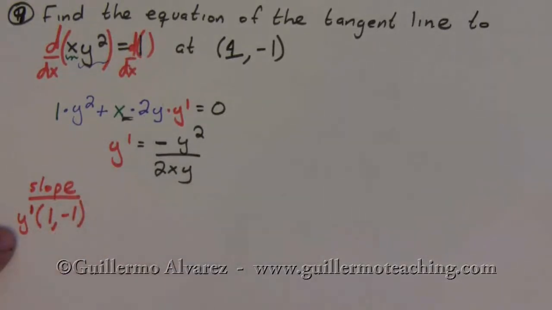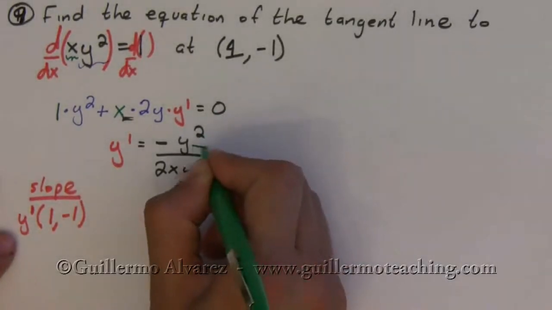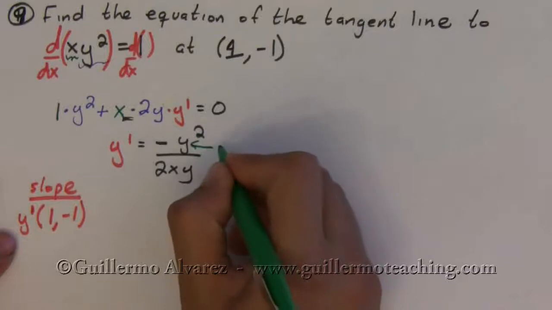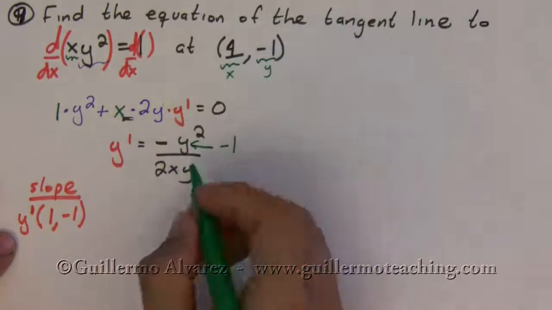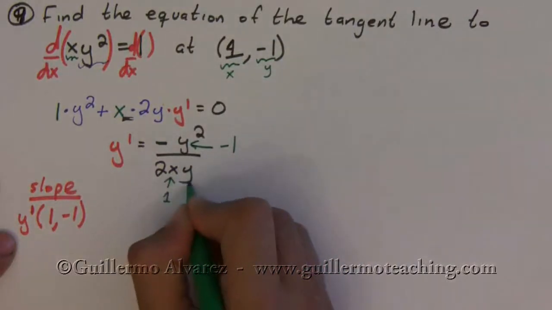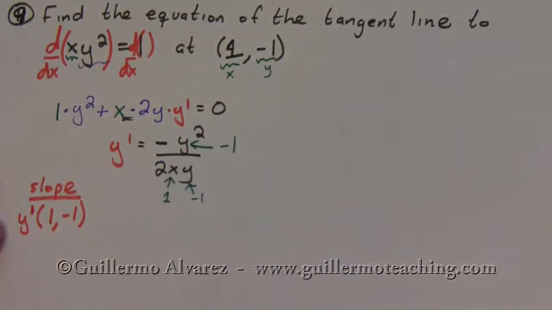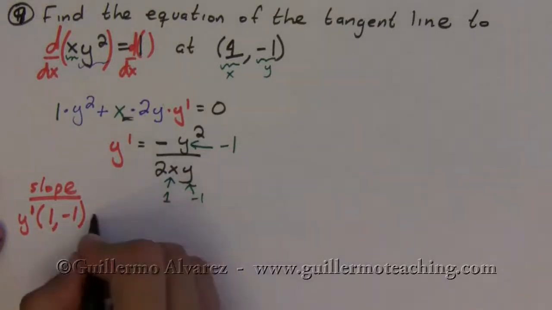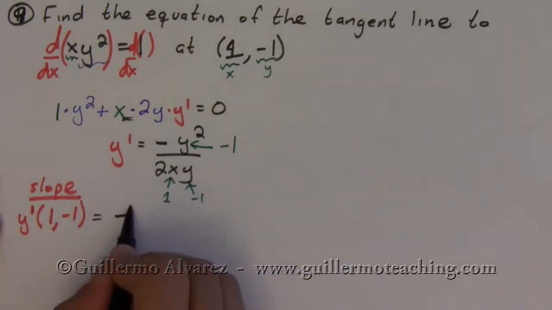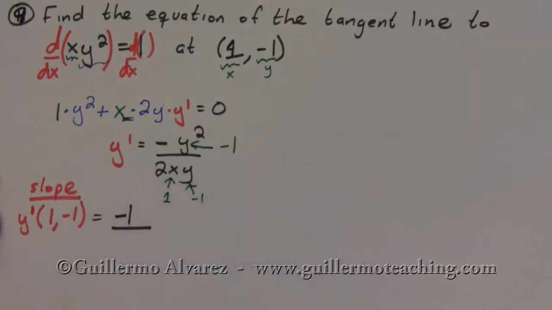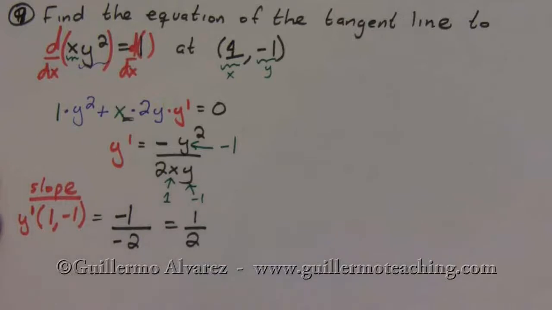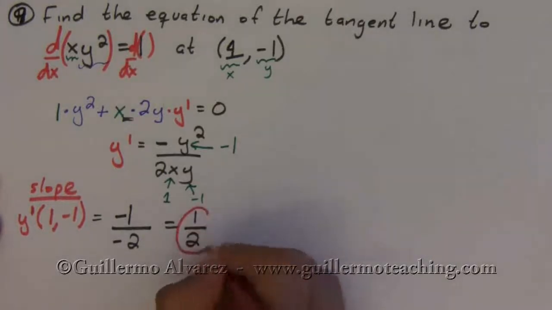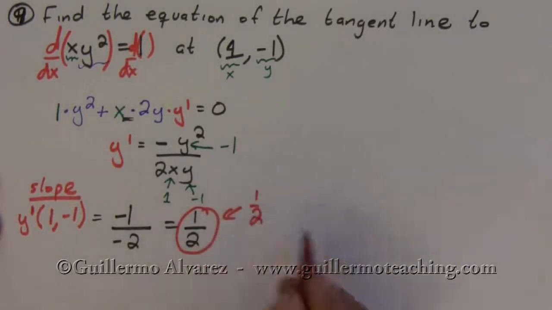So to find the slope, I need to grab my derivative, and I need to plug in the y value that I have, which is this guy, and I need to plug in the x value. And so if I do that, I'm going to get on the numerator negative 1 over negative 2. Or in other words, the slope of the line is equal to 1/2.